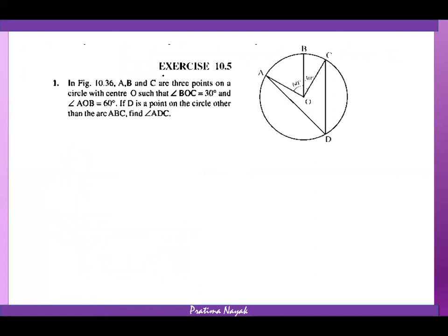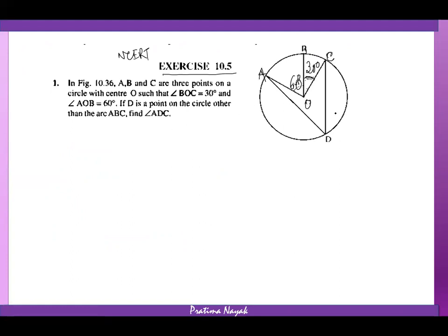This is exercise 10.1 NCERT. Question number 1. A figure is given to you. Is it clear? This angle is 30 degrees. I'm writing again: here is O, B, C. Angle AOB is equal to 60 degrees.